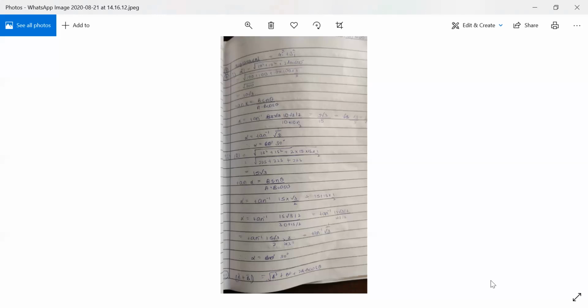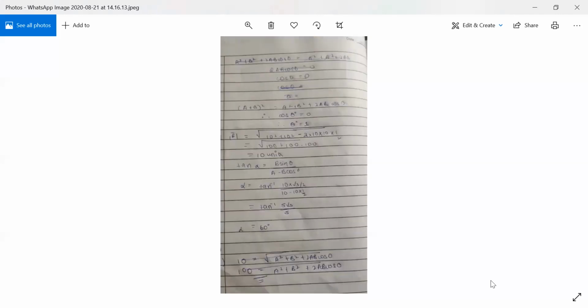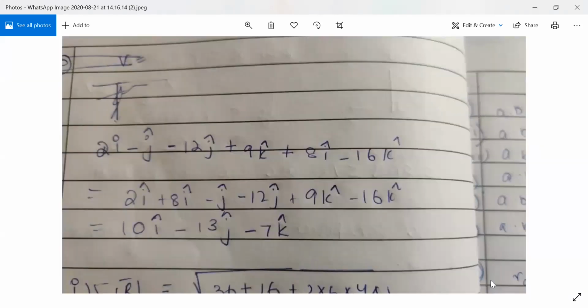So when you see this, where is this first question? 2 meters per second east of south. Okay. So the fourth one, right? When you see this fourth question, yeah, sir.